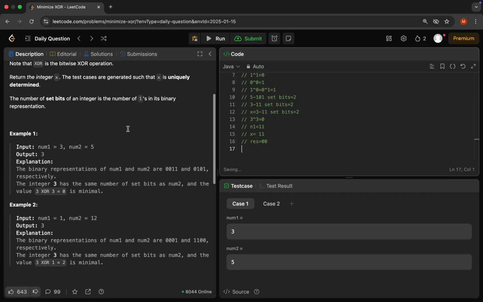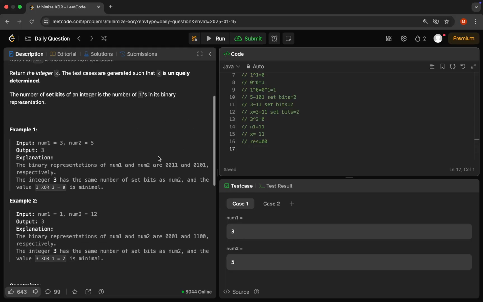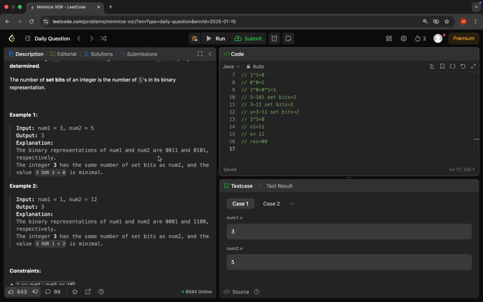So how can we approach this question? One of the solutions is that we will first find the number of set bits in num2, and then we can make combinations from it.